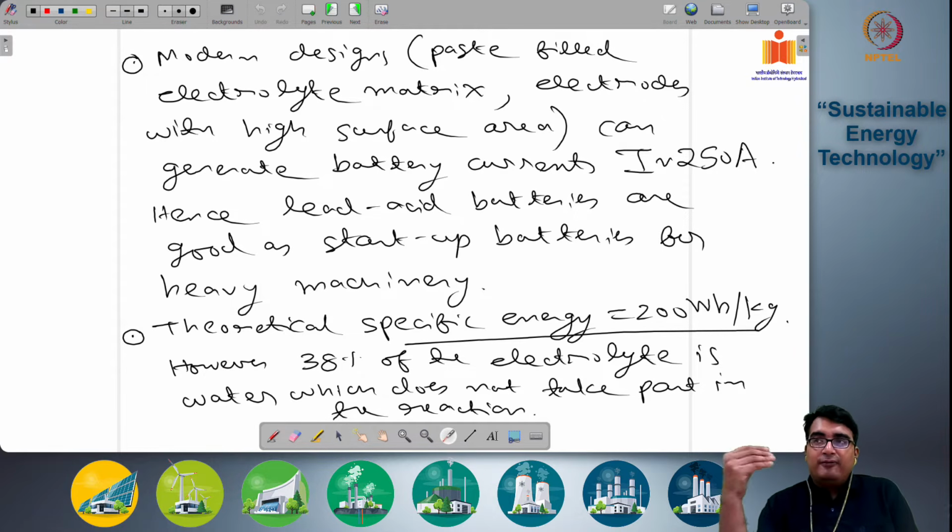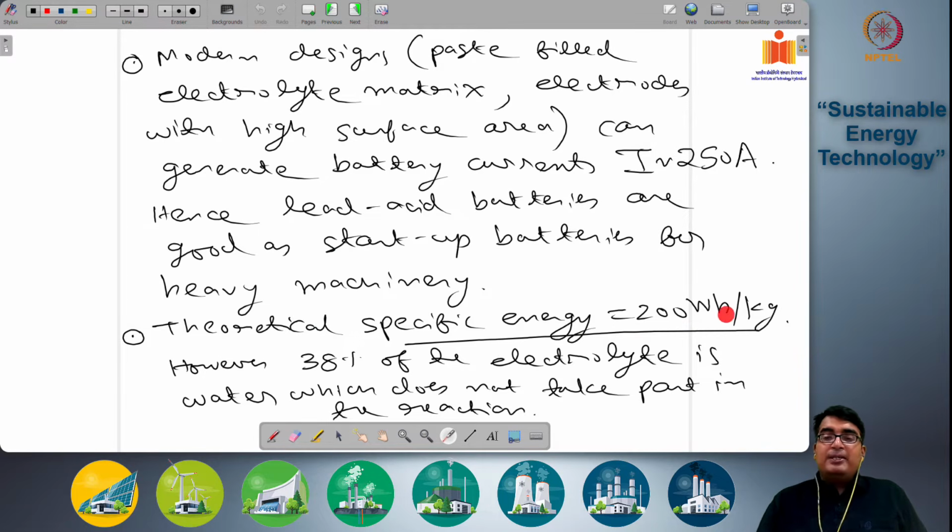So starting up of a car, as in spark ignition engines, or starting up of motor specific machineries that require an initial push for energy, that can be given by lead acid batteries, as well as we saw supercapacitors. Before the invention of supercapacitors, lead acid batteries were the go-to technology choice for startup based systems, where they are injecting energy to overcome the initial resistance and inertia in heavy machineries.